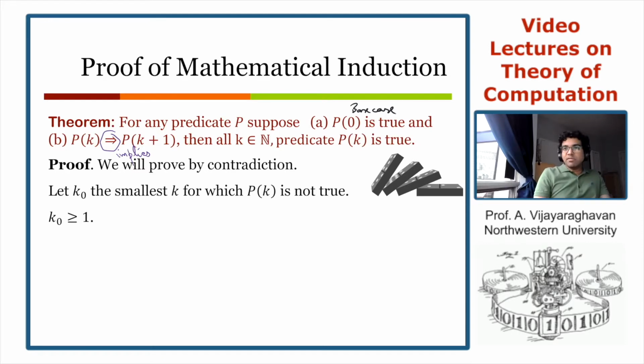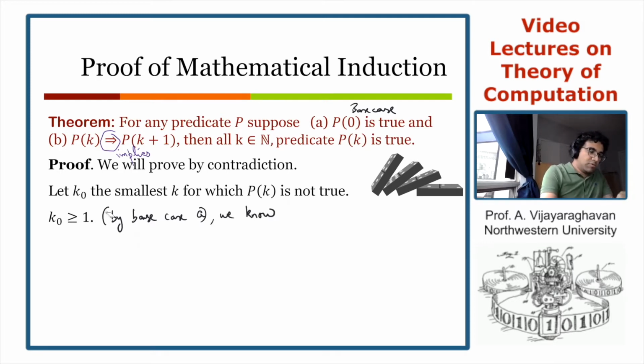Now, clearly, k naught has to be at least 1. Why is that? Well, that's because by the base case, which is A, we know that P of 0 is true. So k naught can't be 0, so it has to be at least 1.